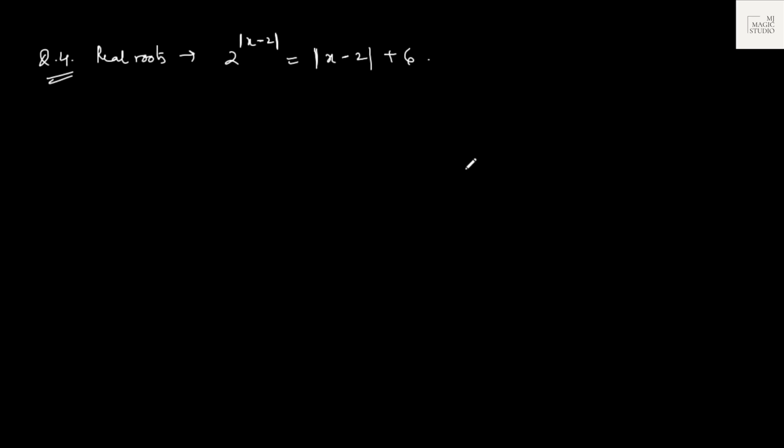Now, first, if I have got y equals to 2 to the power x, I know this is the graph. And if I have y equals to 2 to the power minus x, this is the graph. Exactly the mirror image of this.